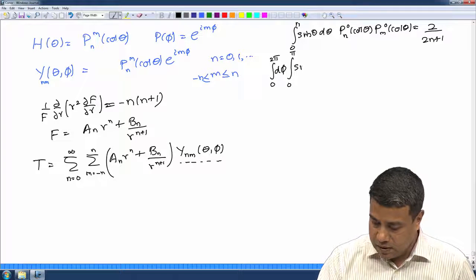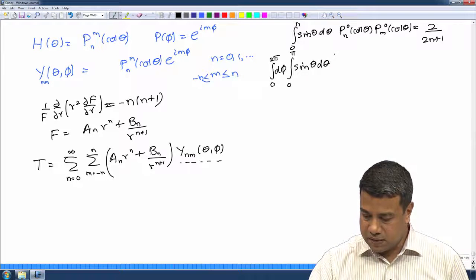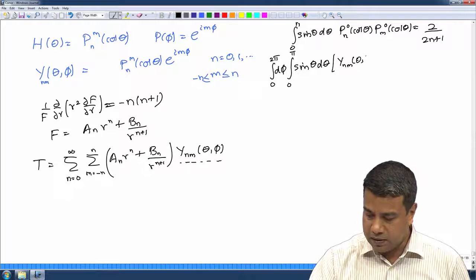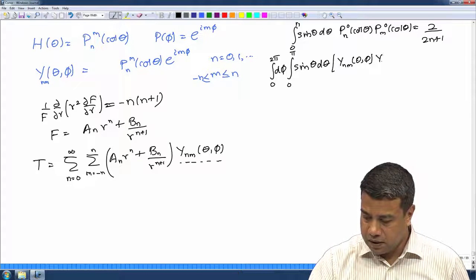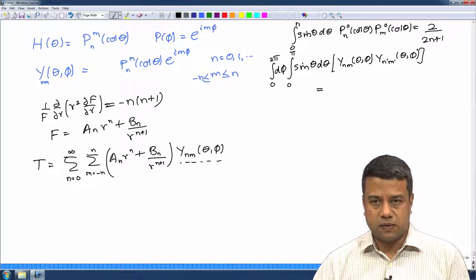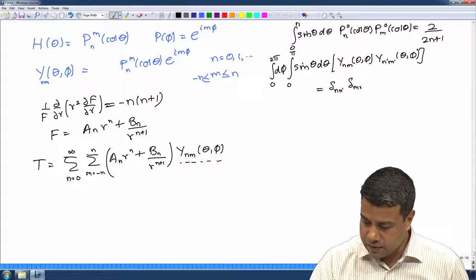Sin theta d theta, times, if you take any two of these, y n m of theta phi, y n prime m prime of theta phi. These are non-zero only when n is equal to n prime and when m is equal to m prime.